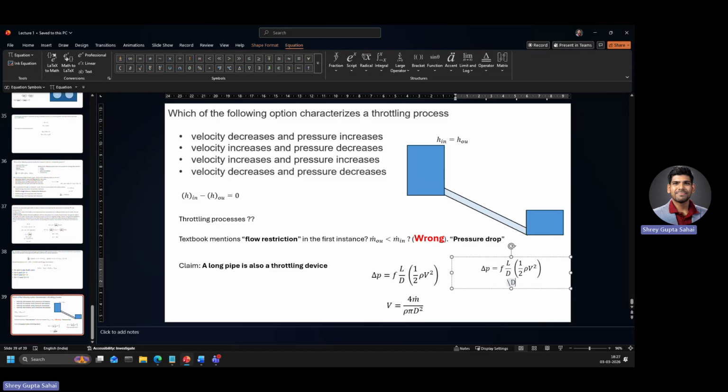Now if I substitute the value for V, what I have is 8L, then m dot squared, and then rho squared, so there will be a rho here, and pi squared here, and d to the power 5, yes.